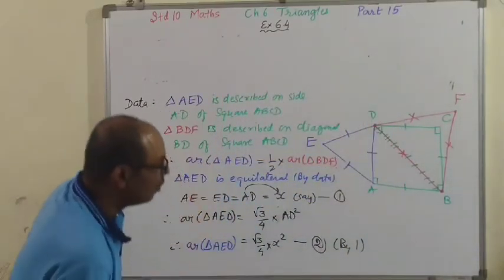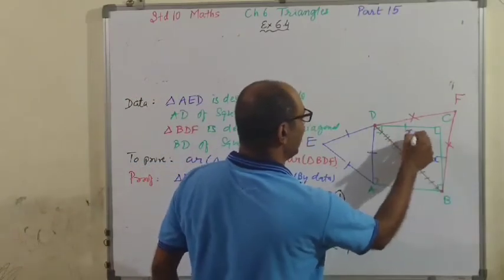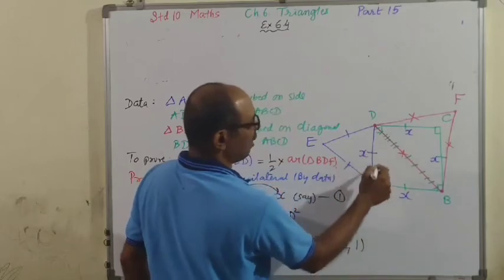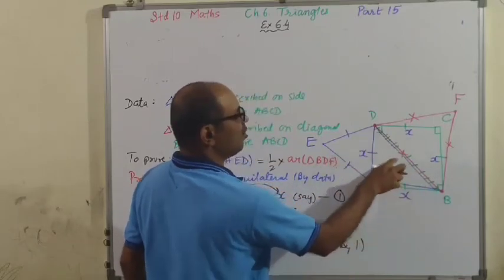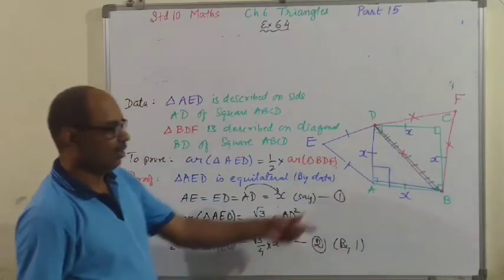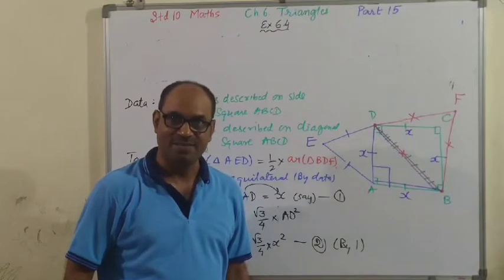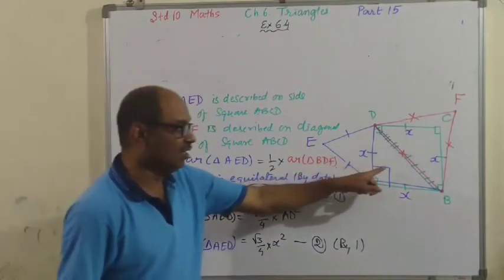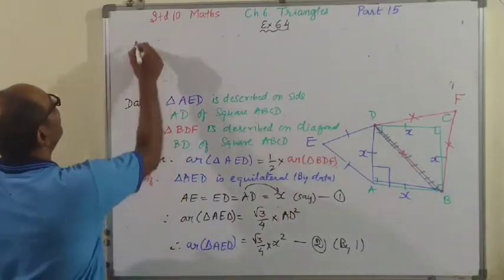All right. उसी तरह इसको निकाल के देखते हैं. Children, we called AB as X, BC X, CD X, AD X. So in this right triangle, you can get BD, on which another equilateral triangle is described. Okay, so let's find out BD, that is the diagonal, using Pythagoras.